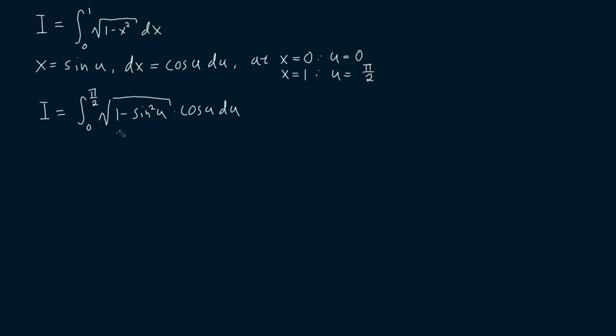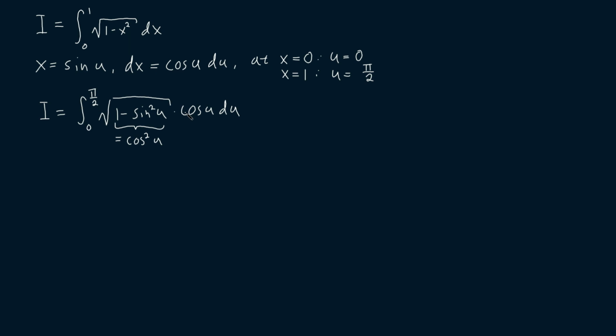Now the expression inside the square root is equal to cosine squared of u, according to one of the fundamental relations in trigonometry. Now the square root of cosine squared of u will be equal to the absolute value of cosine of u, but since in the interval from 0 to pi over 2 cosine of u is strictly positive, we're left with just cosine of u.